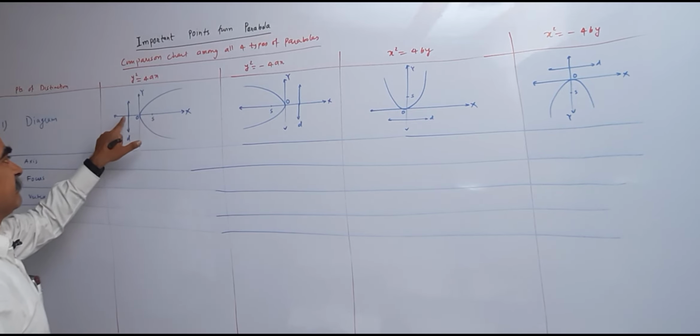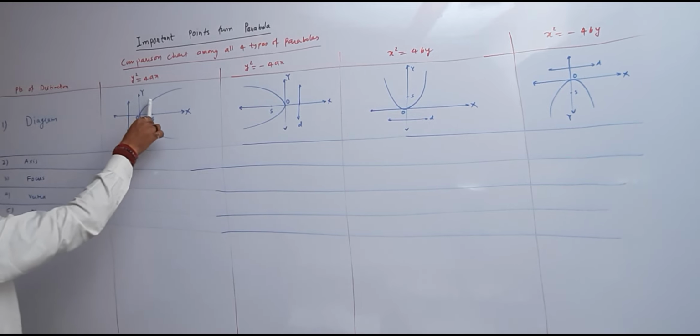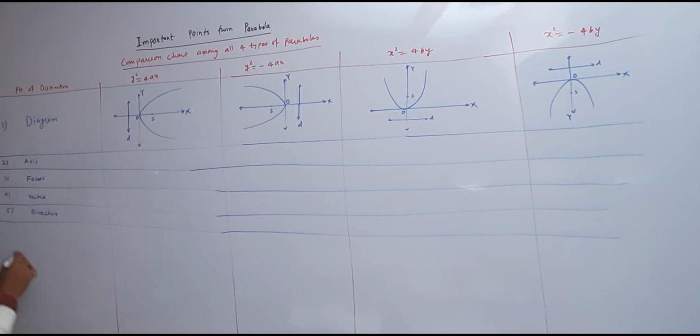Axis, focus, vertex, directrix. Then this is called latus rectum. Length of latus rectum. End points of latus rectum. Equation of latus rectum.